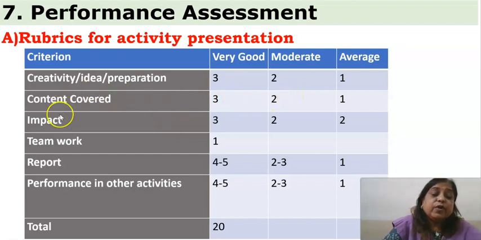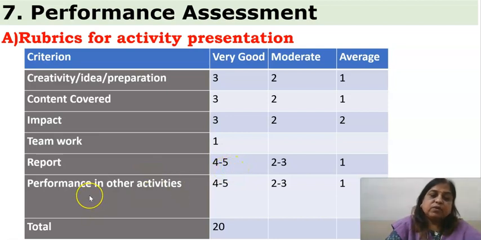Then impact: what will be the impact of your activity on the class, and whether students are interested and engaged or not. That impact is very important. Teamwork: if I find teamwork is very good, then 1 mark, otherwise you will lose that 1 mark. And then the report, as I told you, you have to complete the report with very good points coverage, and your reflections, your learning and your outcome; that will be for 4-5 marks.